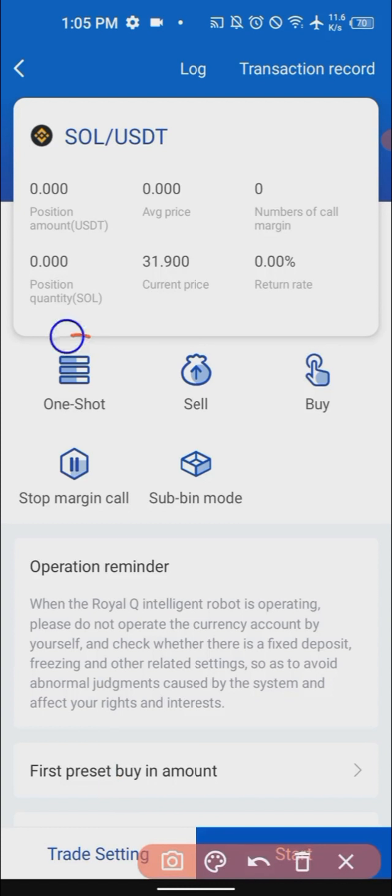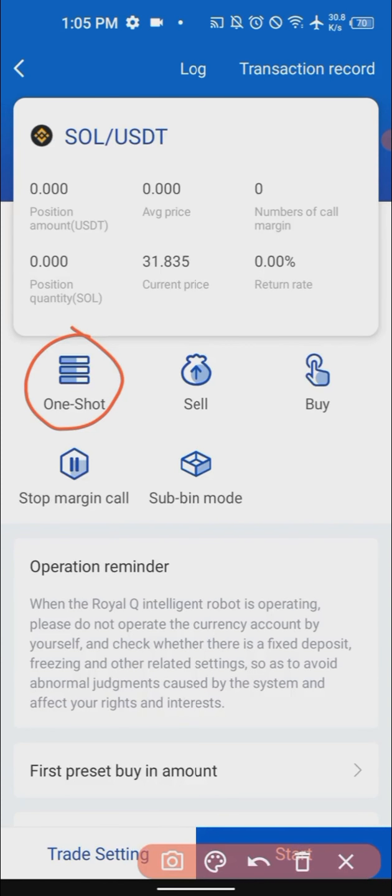What one shot simply means is this: you're telling the bot, after you make profits, just one transaction. Once you make profits, I do not want you to continue. I just want you to stop till I come and reset you. That is one shot. By default mode, if I don't touch one shot, the bot is on cycle.